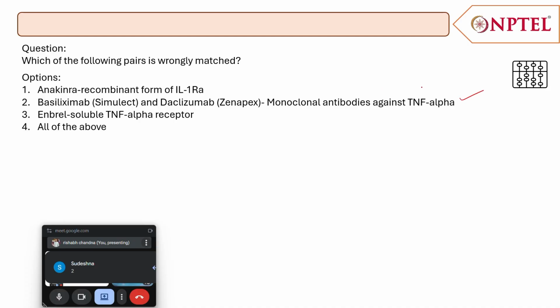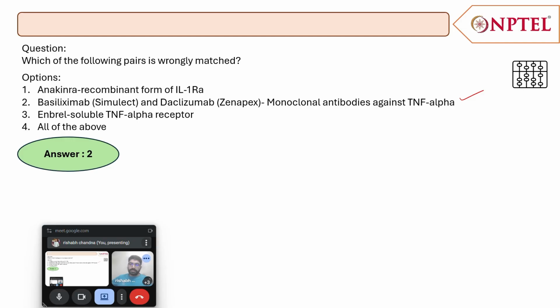Okay, any more answers? Okay, so the correct answer is option 2. That means basiliximab, that is Simulect, and daclizumab, that is Zenapax, are not monoclonal antibodies against TNF alpha.